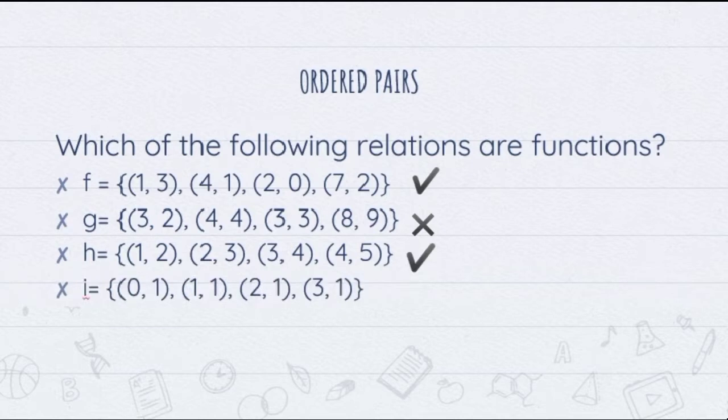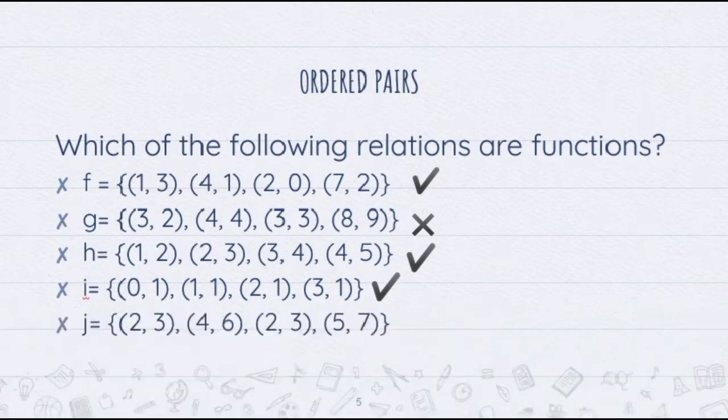We have here another relation I with ordered pairs (0, 1), (1, 1), (2, 1), and (3, 1). As you can see, all values of y here are the same, which is 1. But it doesn't matter. As long as your x, which are 0, 1, 2, and 3, are all unique, it is still a function.